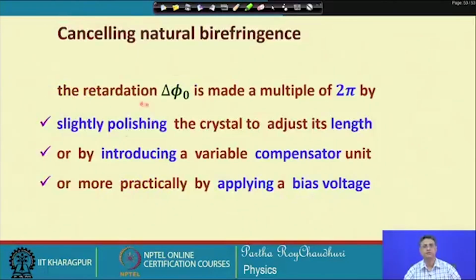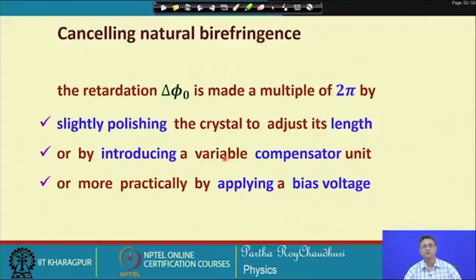So, this retardation delta phi 0 is made a multiple of twice pi, which can be done by slightly polishing the crystal to adjust its length, because natural birefringence is length dependent, k0 delta n xy into L. So, if all of this put together is made equal to twice pi, then there is no natural birefringence, that is, this term will not contribute.